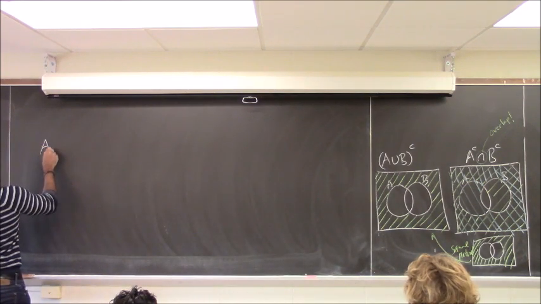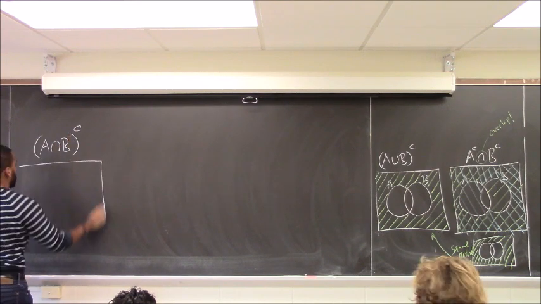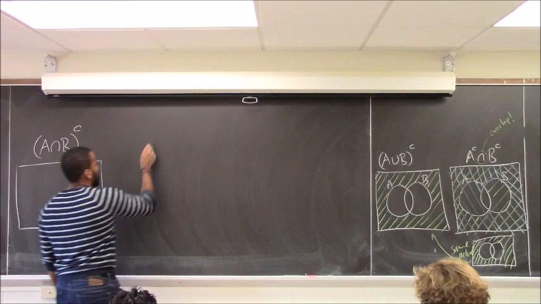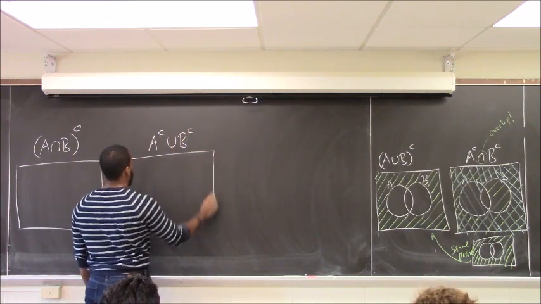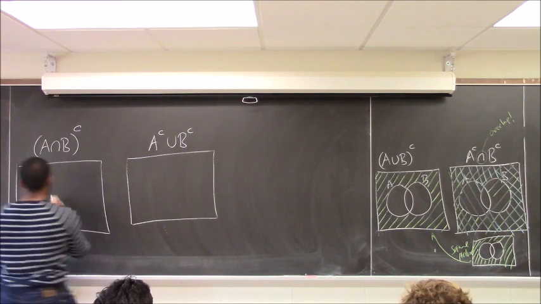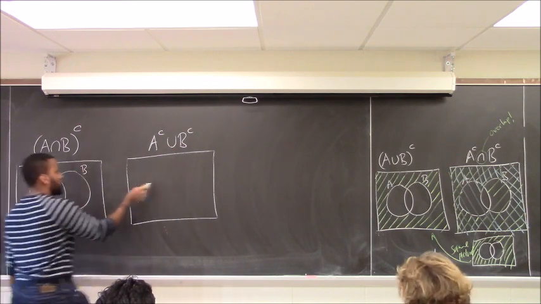So if I look at the intersection complement, and we look at A complement union B complement, draw the most general picture you can, which means you want to overlap the circles.